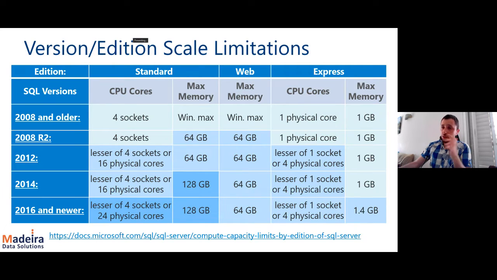So you can see on the screen a summary of the versions of SQL Server and what their scale limits are for the respective Standard, Web and Express editions. In Enterprise edition, it is not limited by the license. In Express editions, it is limited.